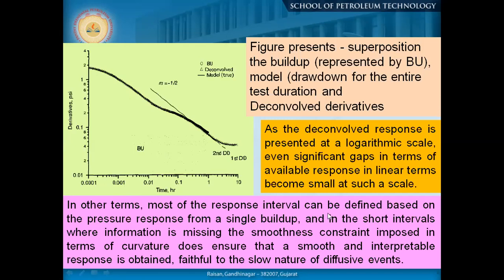Most of the response interval can be defined based on the pressure response from a single build-up, and in the short interval where information is missing, the smoothness is consistently imposed, even though the curvature is actually changing in different parts. Okay, so the smooth and interpretable response obtained is faithful to show the nature of the diffusive event, because the diffusive event is very small and we are trying to get the response maybe from an individual one.